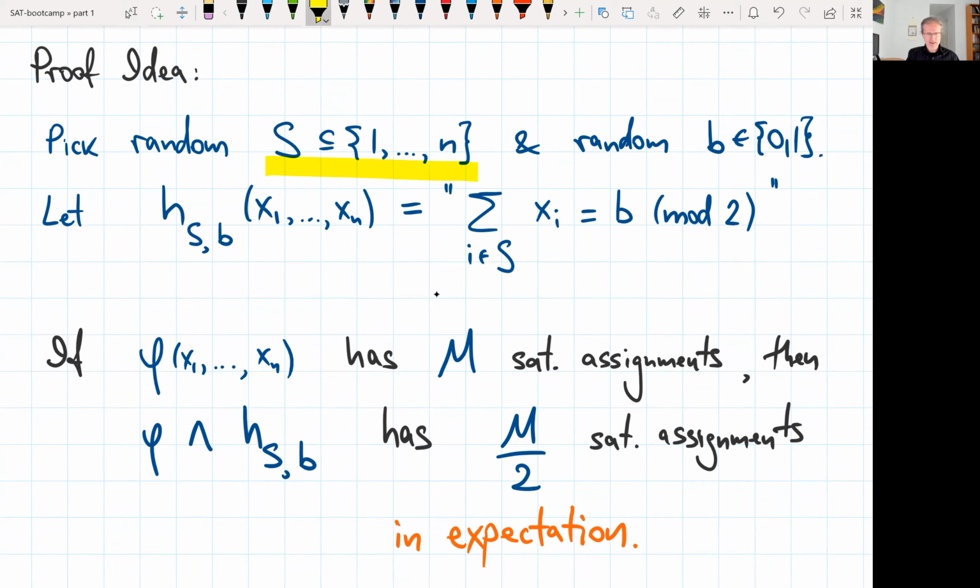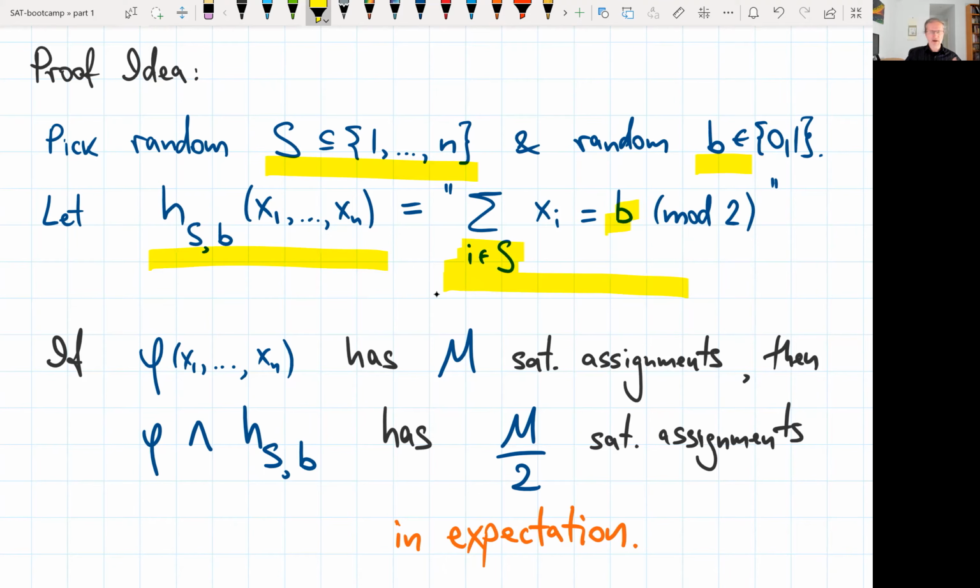You pick at random a subset of indices between 1 and n, set capital S, and you pick a random bit b from {0, 1}, and then you define the following XOR constraint, h sub S,b on x1 through xn, to be saying that if you look at the parity of the bits xi indexed by the set S, then their parity is equal to b.